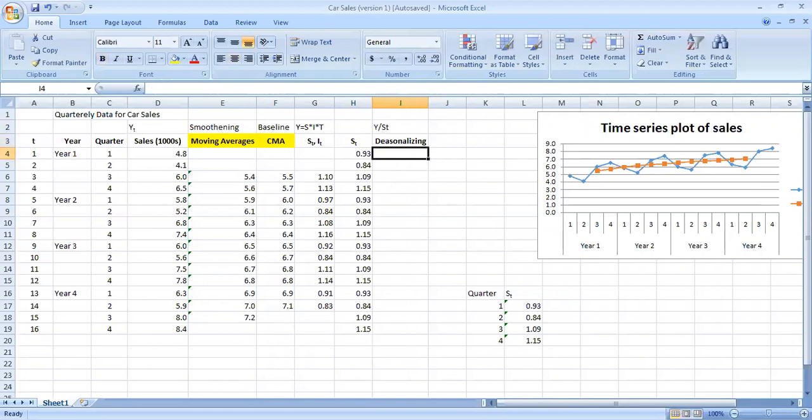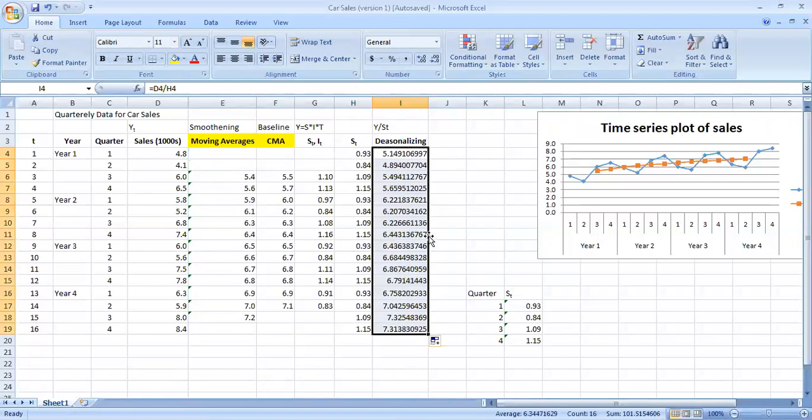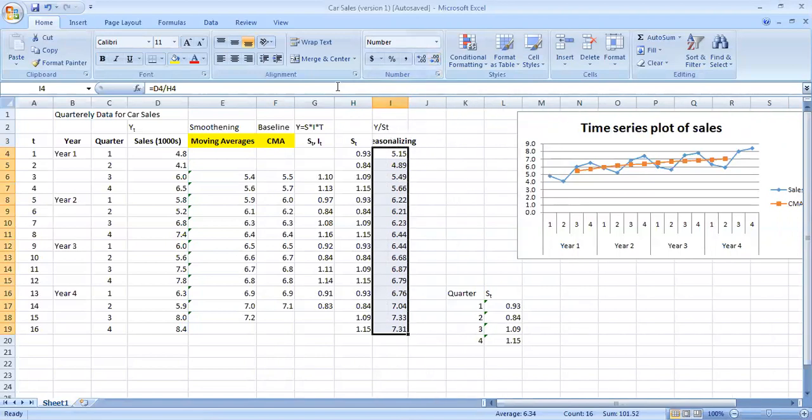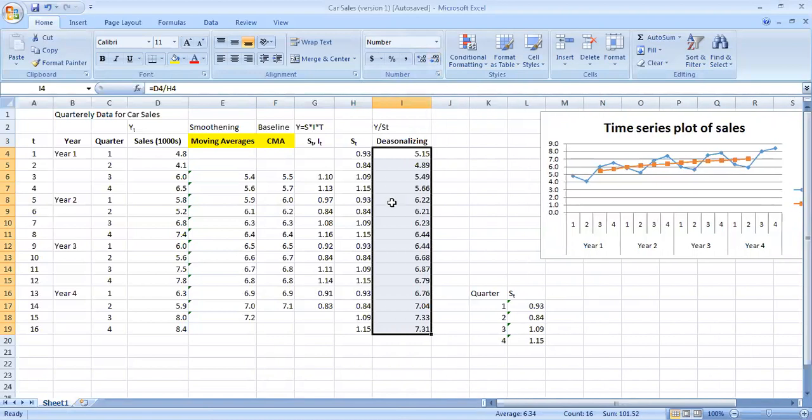That is the next step. In order to do that, there's nothing much. It's dividing this value by seasonality. So you are going to drag it down. Now you have come up with this deseasonalized column.